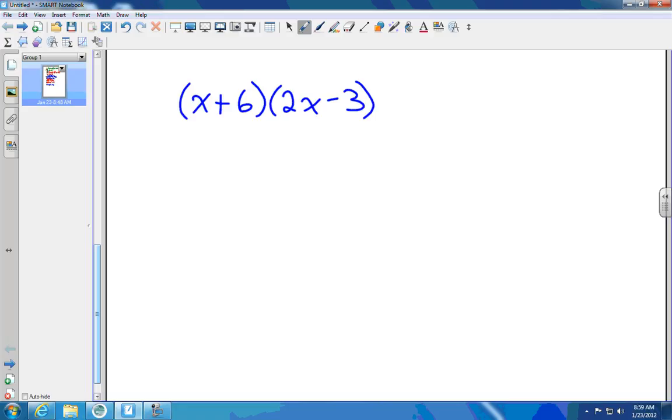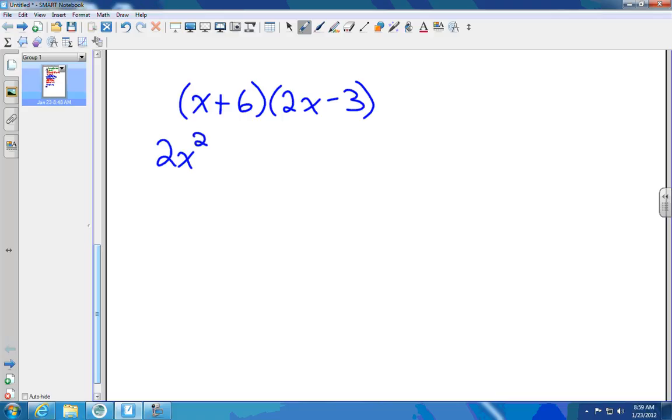So you FOIL, F-O-I-L. F stands for first. So you multiply the first thing in each set of parentheses. And 2x times x would give you 2x squared. And again, that's multiplying with the same base. You did the rule, and sometimes you don't even have to think about it.